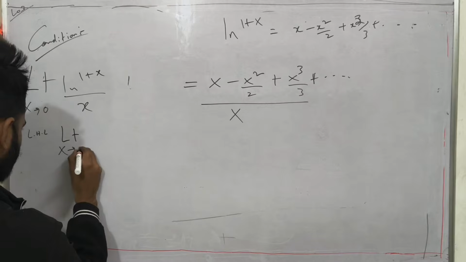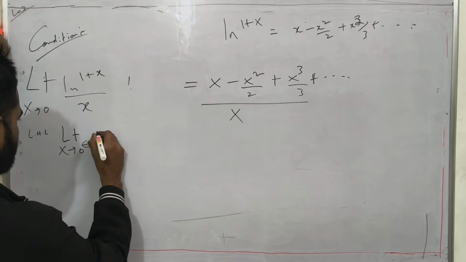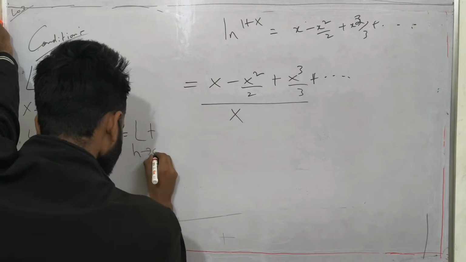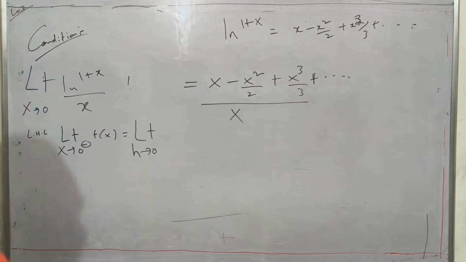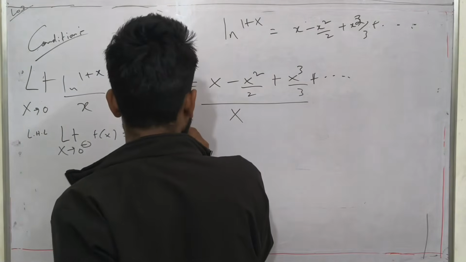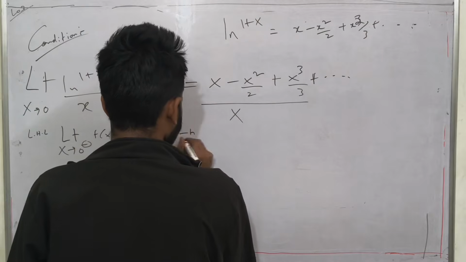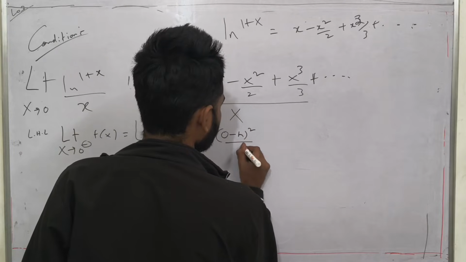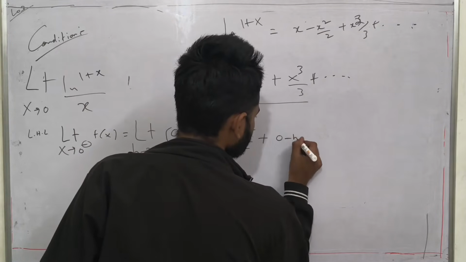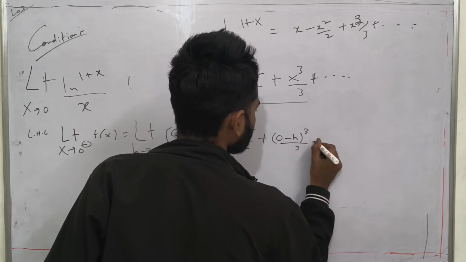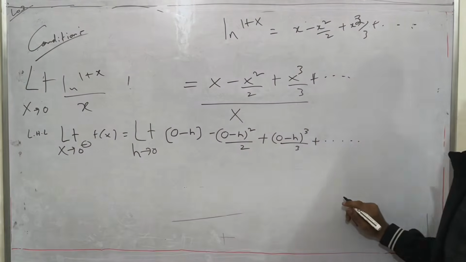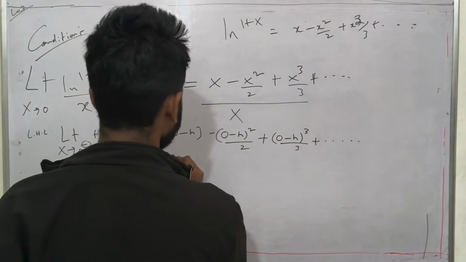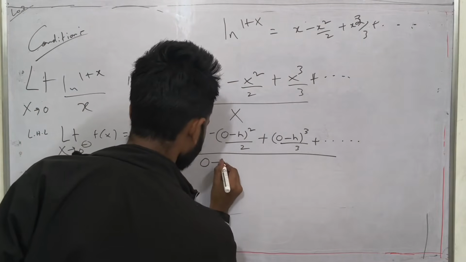limit x tends to 0 minus of this quantity f of x, which equals limit h tends to 0 of f of 0 minus h. Okay, f of 0 minus h is 0 minus h minus (0 minus h) whole square by 2 plus (0 minus h) whole cube by 3 plus so on, by 0 minus h.